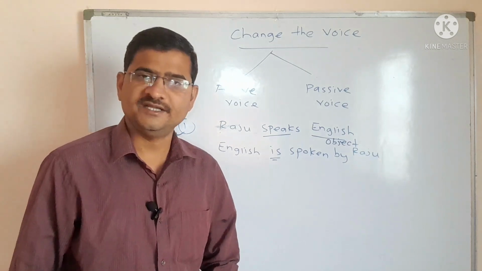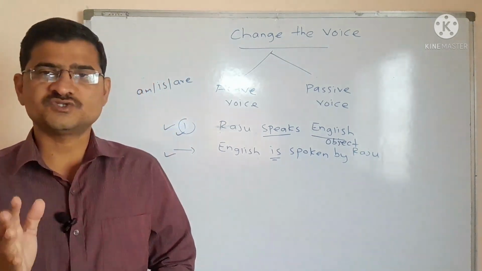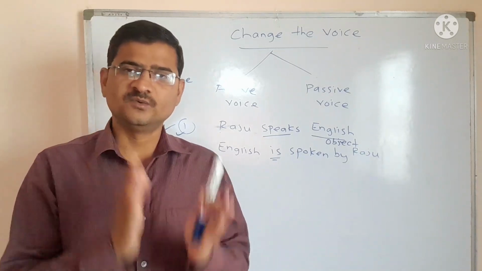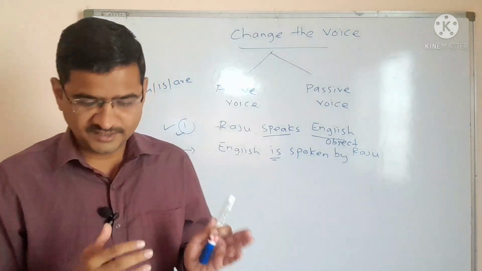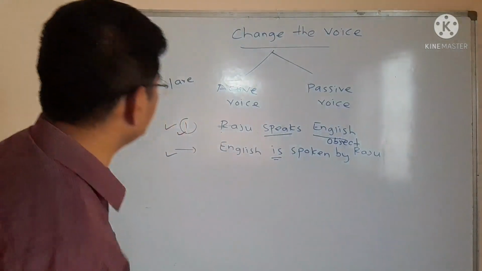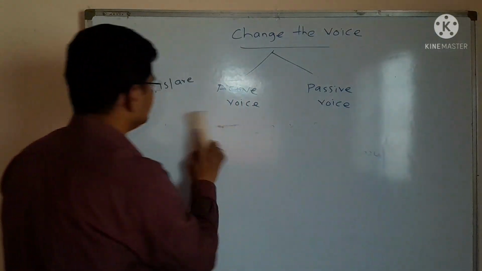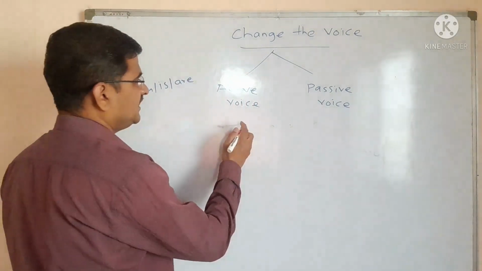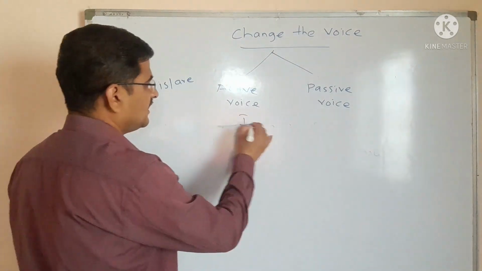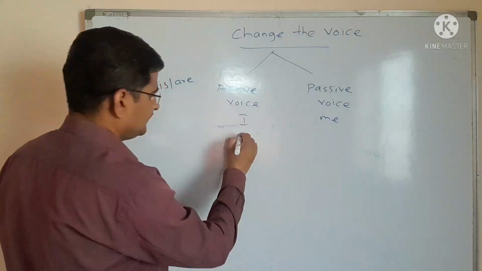So see here, my dear friends, there are 12 tenses in English. Out of those 12 tenses, we can convert 8 tenses into the passive voice. Here are a few changes which you have to bear in mind while turning sentences of active voice into the passive voice. There are a few words which get changed. Active voice, passive voice: I, me.